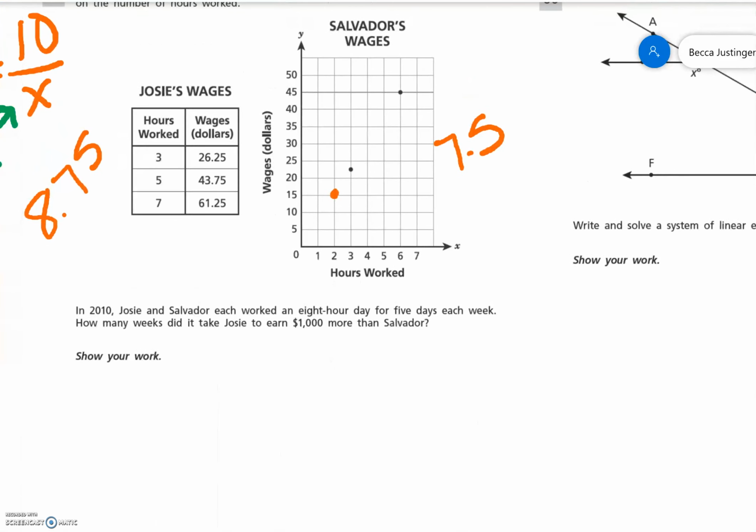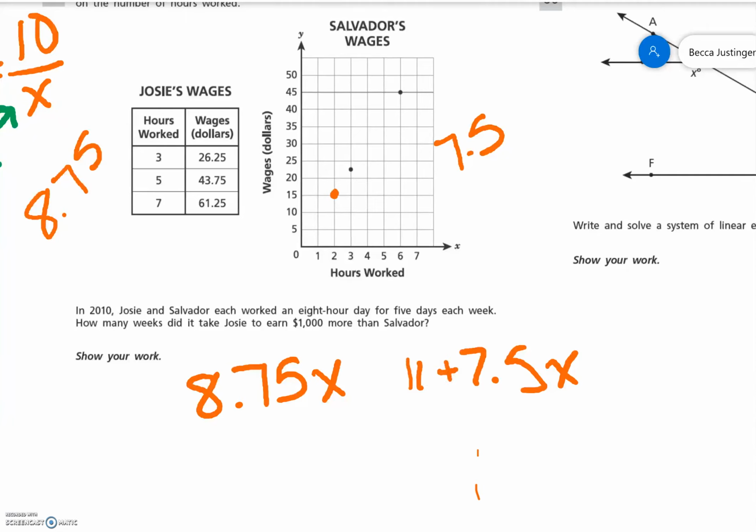So Josie earns 8.75 times X, and Salvador makes 7.5 times X, and we want to know when will Josie's wages be the same as Salvador's plus $1,000. And X stands for weeks, so what we have to do is find out how much they earn in a week.